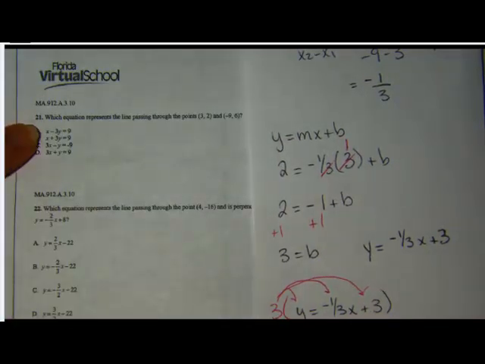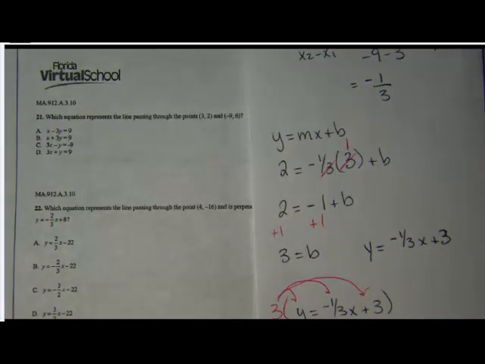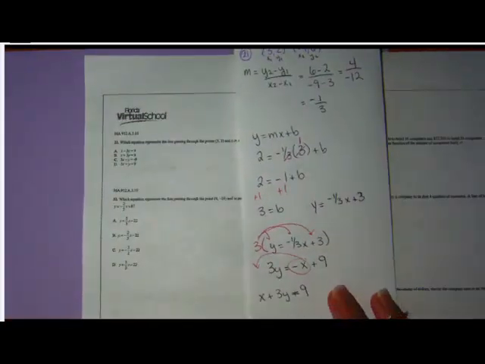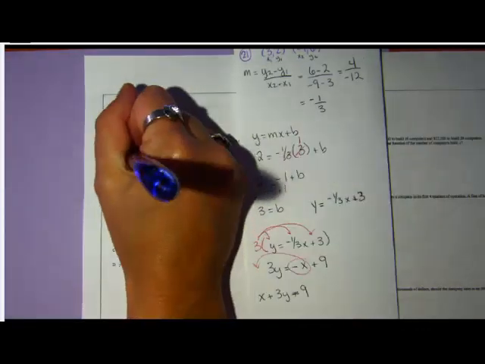And x is over here, so I'm going to move this x over here, and it becomes positive. And I get x plus 3y equals 9. That's the correct equation. That happens to be B.